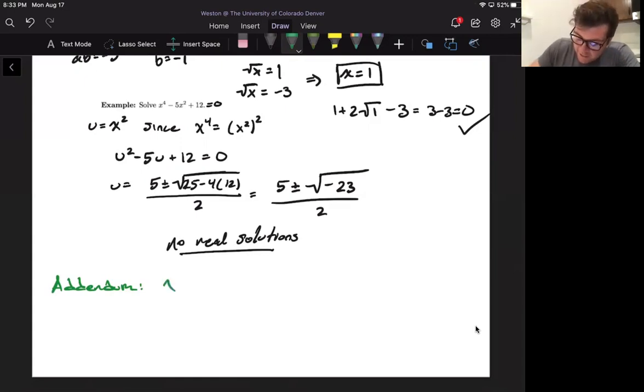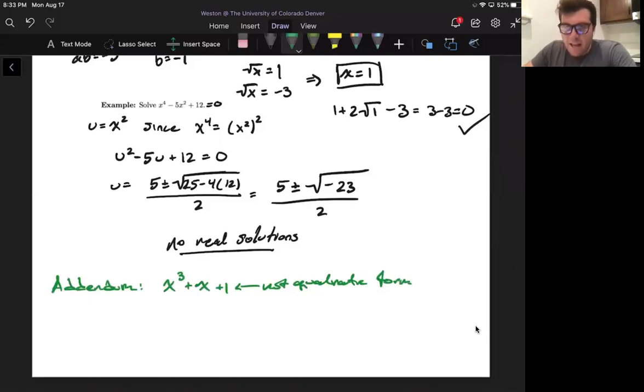For instance, we can't do quadratic form on something that looks like x cubed plus x plus 1, because if we took the square root of x cubed, we would get x to the 3/2 and not x.